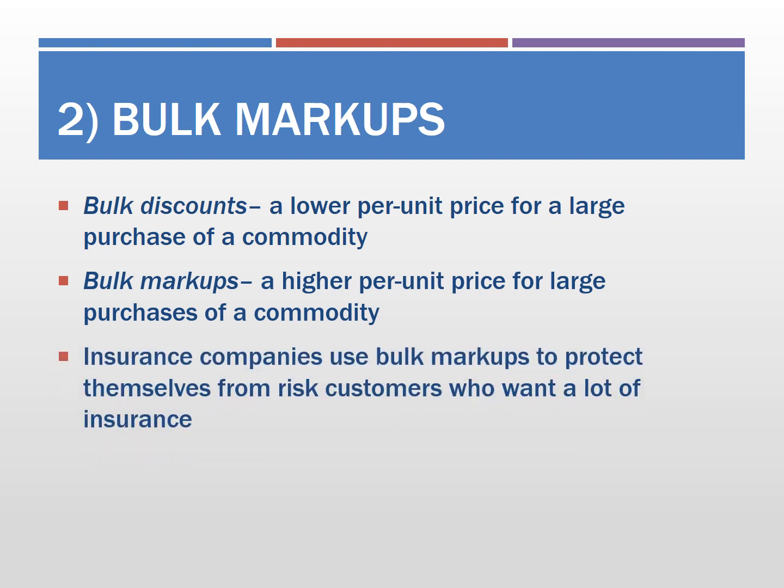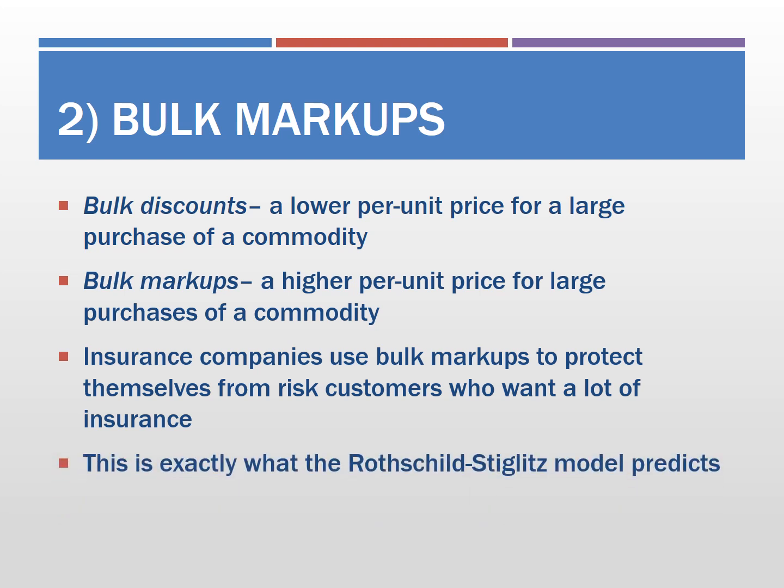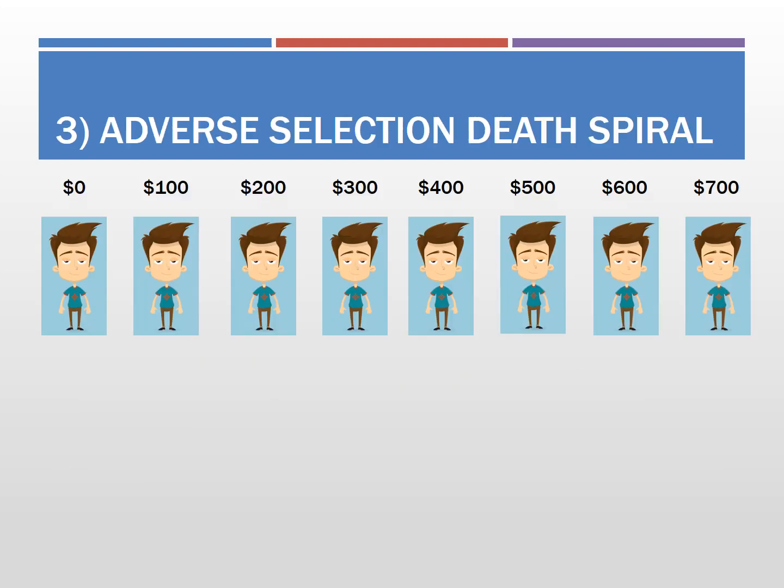Well, this bulk markup is basically a tool that helps the insurance company protect themselves from risky customers who want to buy a lot of the insurance. So this is exactly what the Rothschild-Stiglitz model predicts.